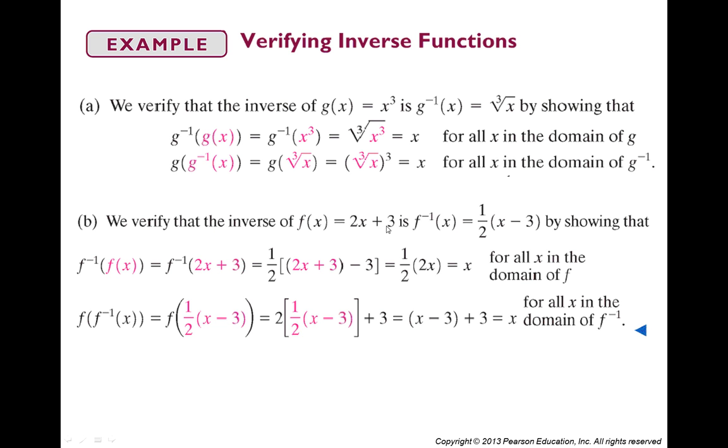We can do the same thing here with 2x plus 3 and 1/2 x minus 3. If I put my inverse function in, I take out the x and I put in 2x plus 3. I get 1/2 times (2x plus 3) minus 3. Plus 3 and minus 3 cancel. 1/2 times 2 is x.